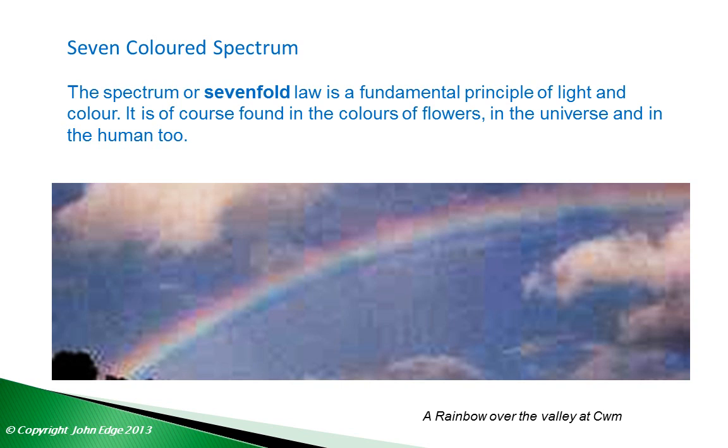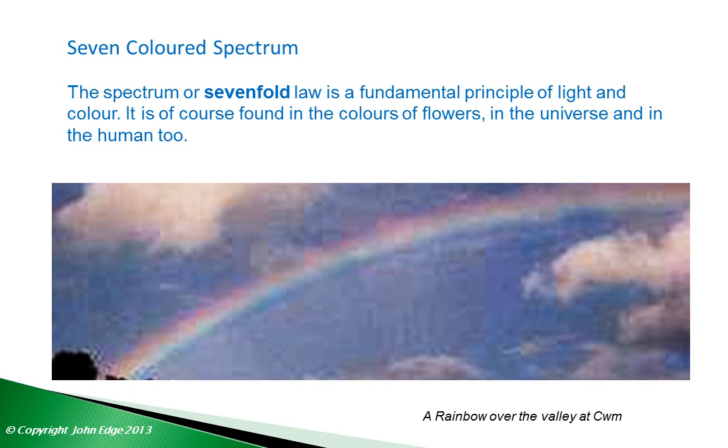And then, of course, there's the famous, the wonderful spectrum, the rainbow. And this is the 7-fold law as a fundamental principle of light and color, that white light breaks down into 7 colors, 7 energy bands, 7 natures of energy.